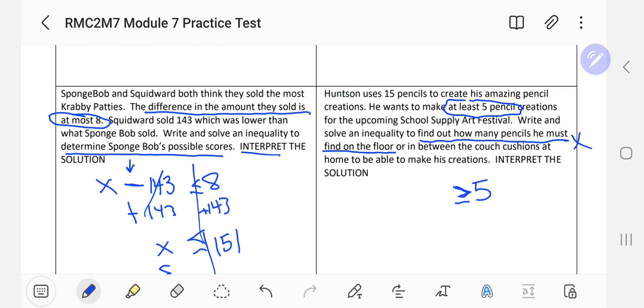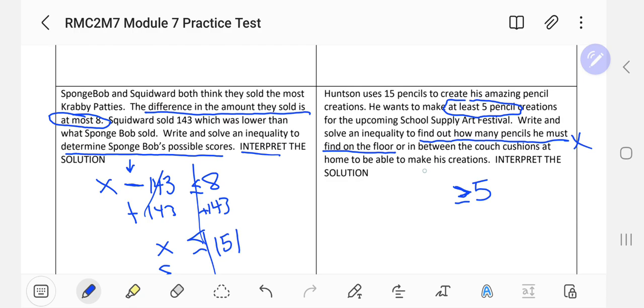Set it up further. Hudson uses 15 pencils to create each of his amazing pencil creations. So how many pencils would he need to find to make 5? We worked on this pretty hard, and it was hard to get us to recognize what operation was going to be in this problem.